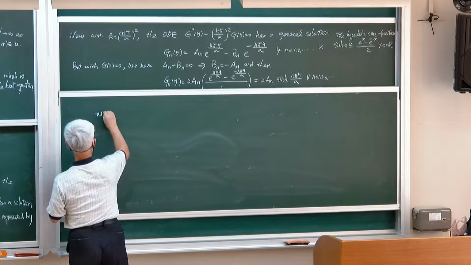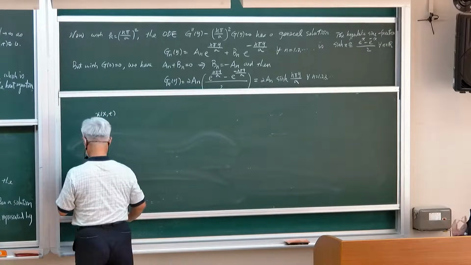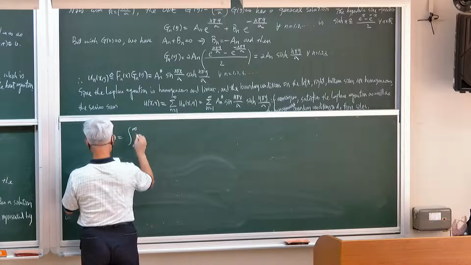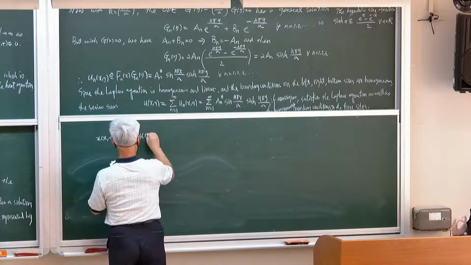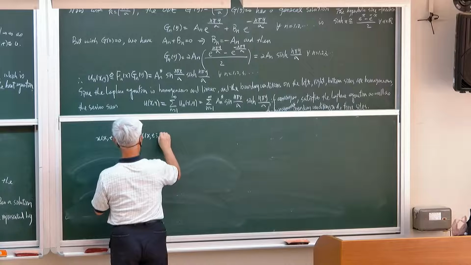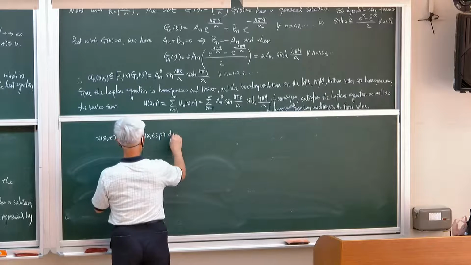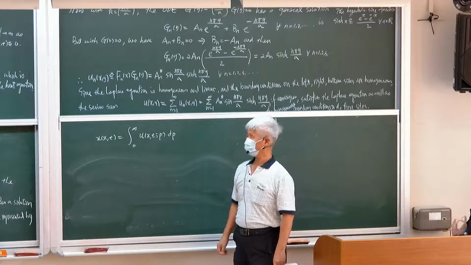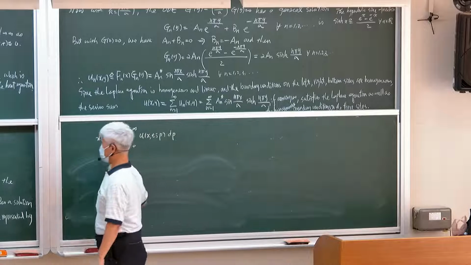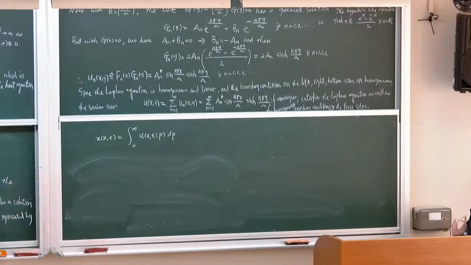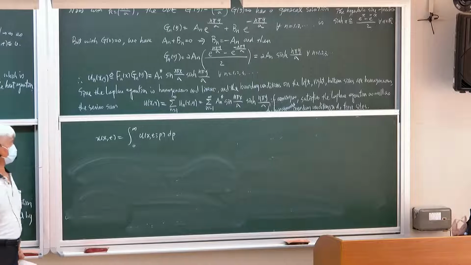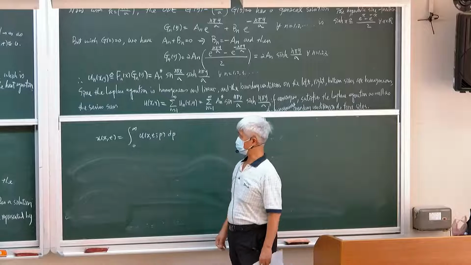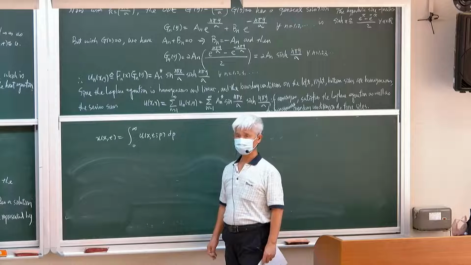So u of x, t equals the integral from 0 to infinity of u of x, t with parameter p, dp. Which shows that the contribution from each eigenfunction is differential, because we have uncountably many eigenfunctions.